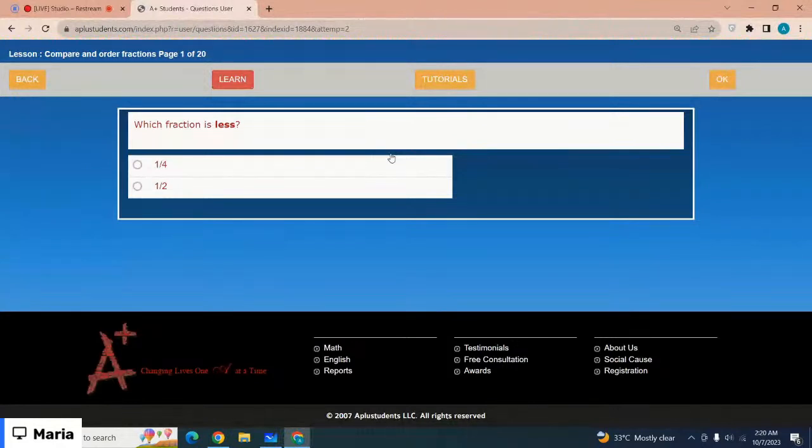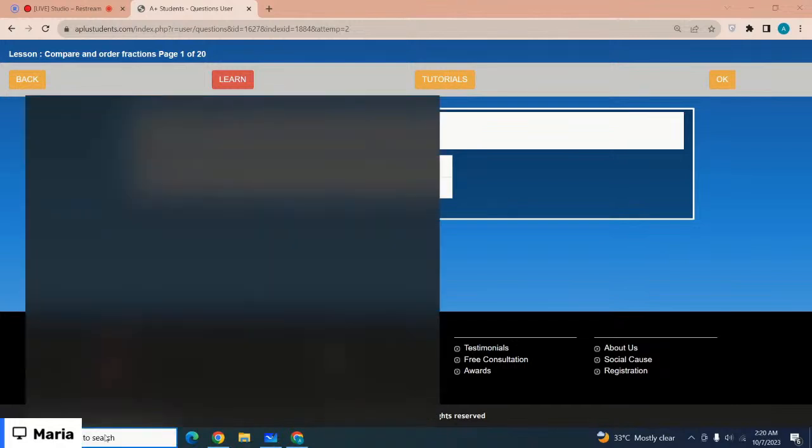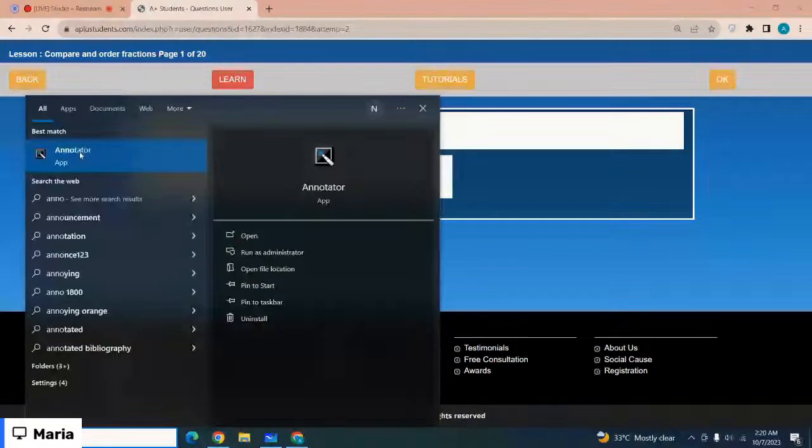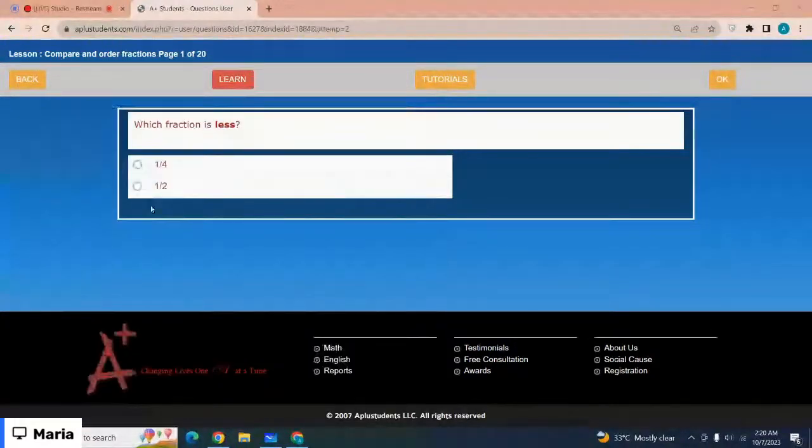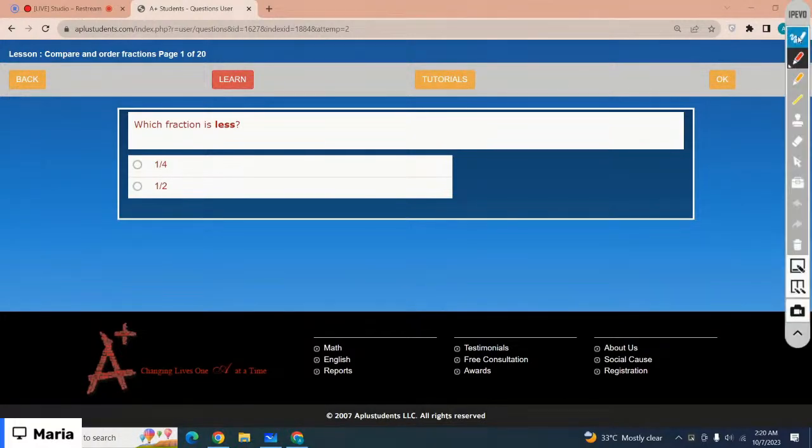You need to compare 1 by 4 and 1 by 2. So how do you compare? You can compare by using a model, right? For 1 over 4, one portion is colored.